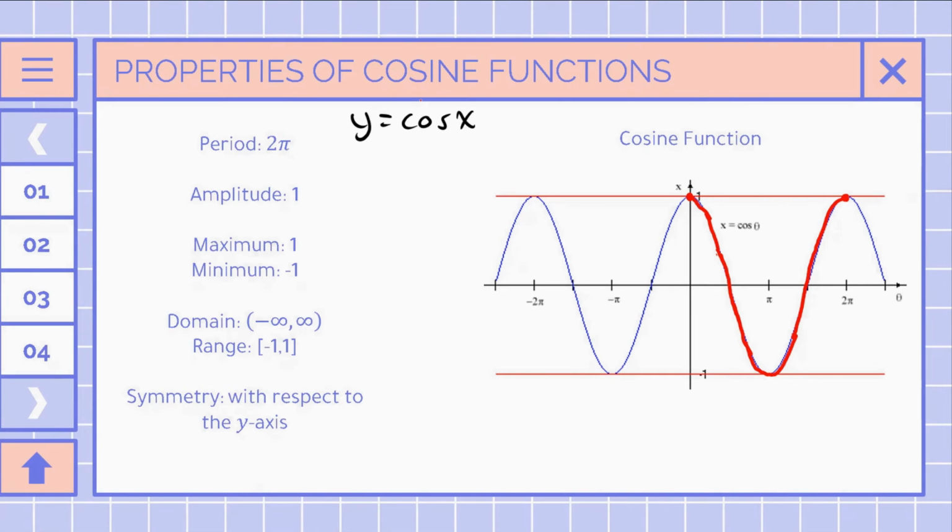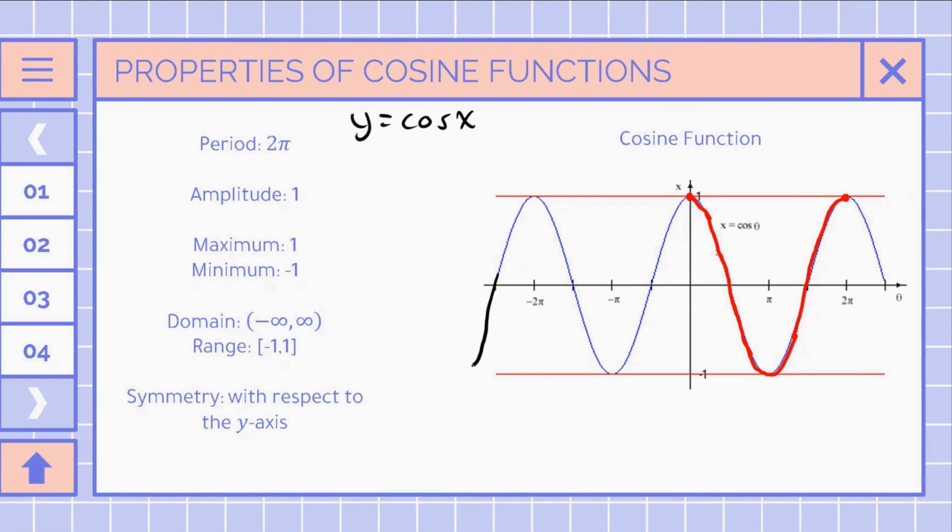Just like the sine function, the cosine function has an amplitude of 1. So it extends from 1 to negative 1 if the midline is at y is equal to 0. For the domain, it also extends from negative infinity to positive infinity.